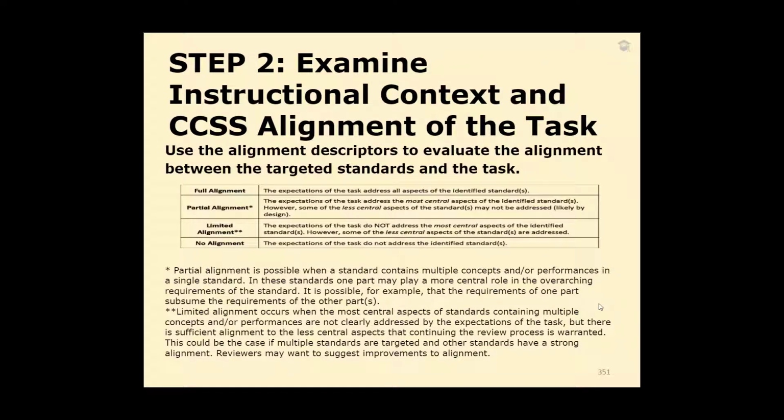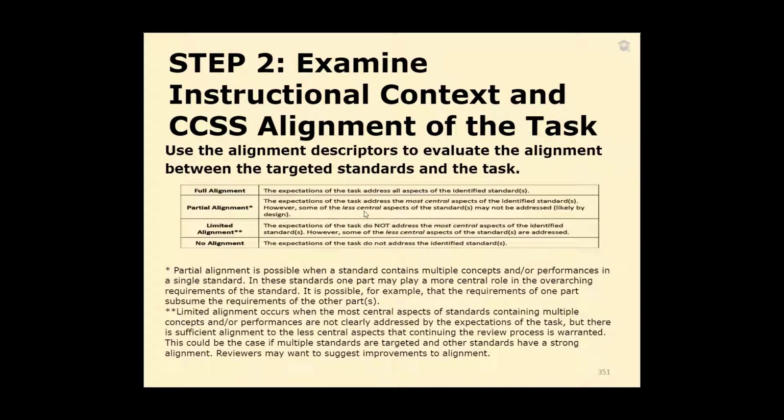When we are aligning the task with the standards, there are different descriptors that can evaluate this. Full alignment is that the expectation of the task addresses all aspects of the identified standards. Partial alignment, the expectations of the task address the most central aspects of the identified standards.